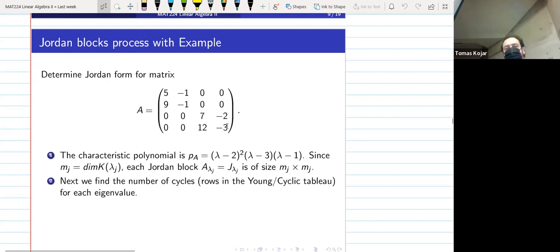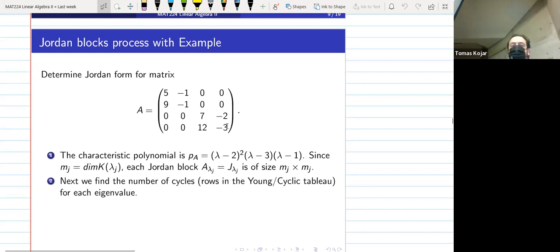So here you have a 9, and that's a 9. So you swap. So you have 9, minus 1 minus lambda, 0, 0, and 5 minus lambda, minus 1, 0, 0. And now you want to kill that guy, because you want to make it upper triangular.